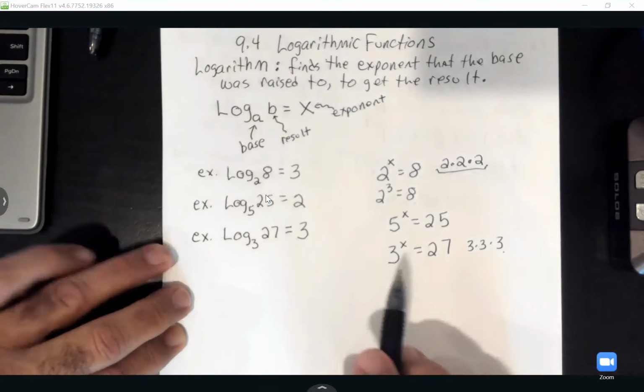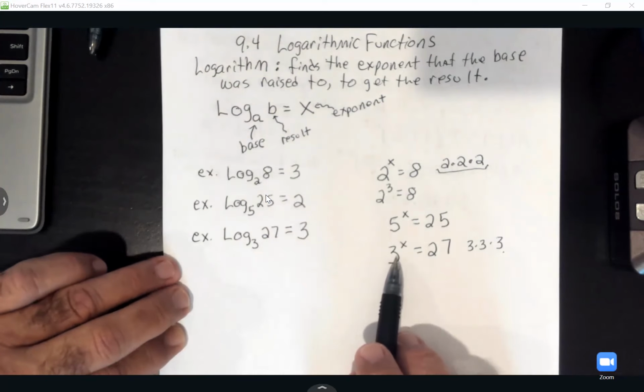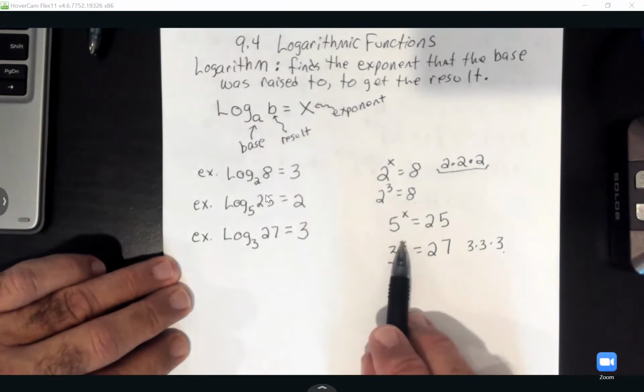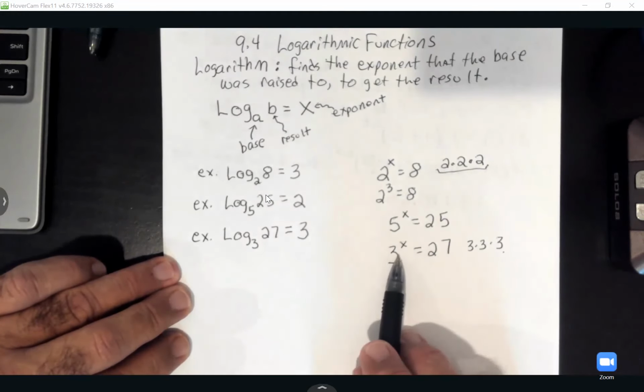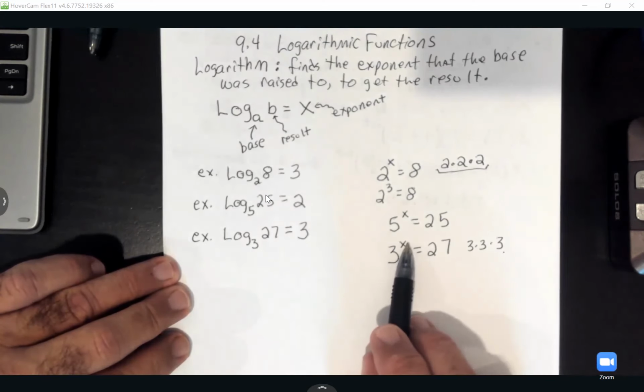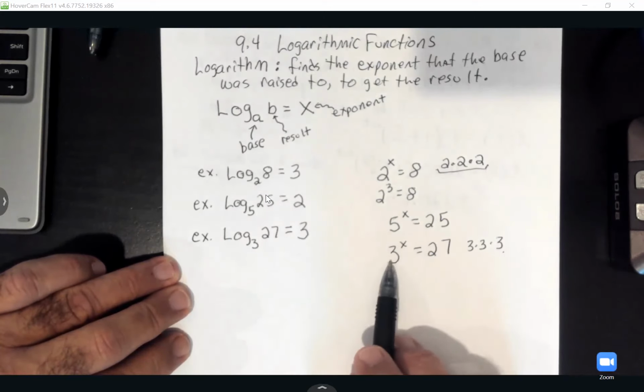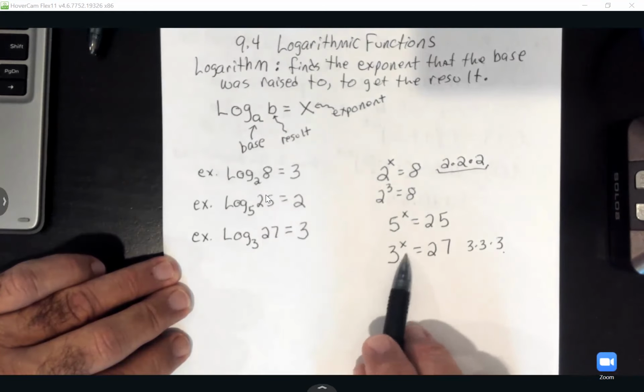Remember, you're not multiplying the base times the exponent to get this number. You're multiplying this 3 times itself however many times to get that 27. So you got to remember, exponents are just shorthand for multiplication.